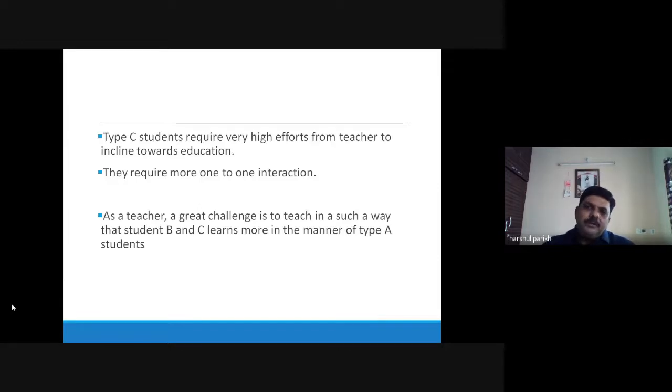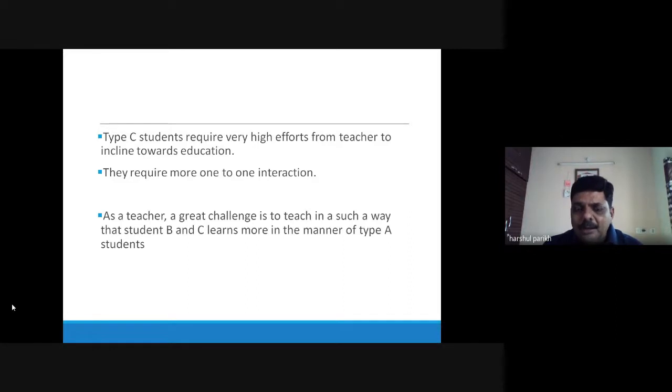What about type C? Here we require the highest efforts because they are not inclined towards education. And we must employ a proper method for this kind of student. First, there is a need for psychological treatment. We have to interact one-to-one with this kind of student, and their psychological barriers should be removed.